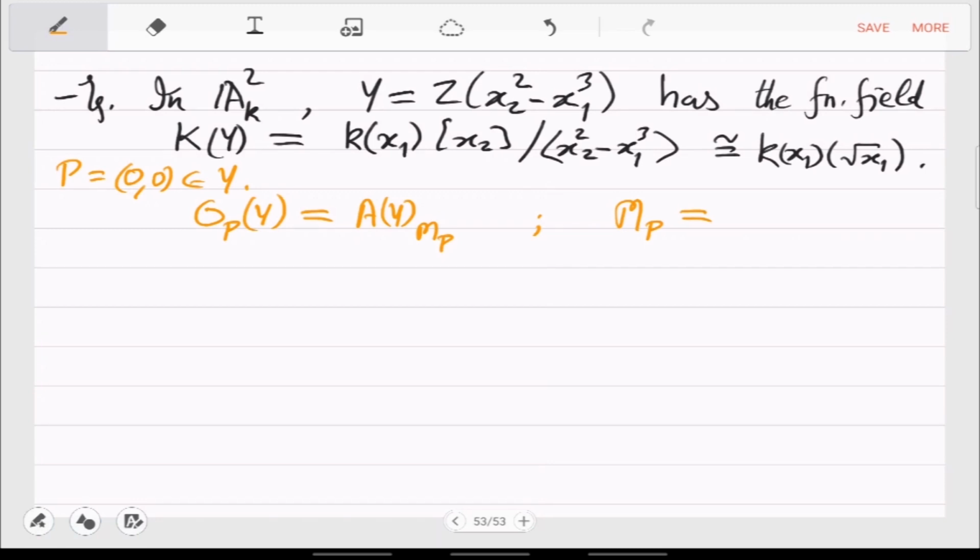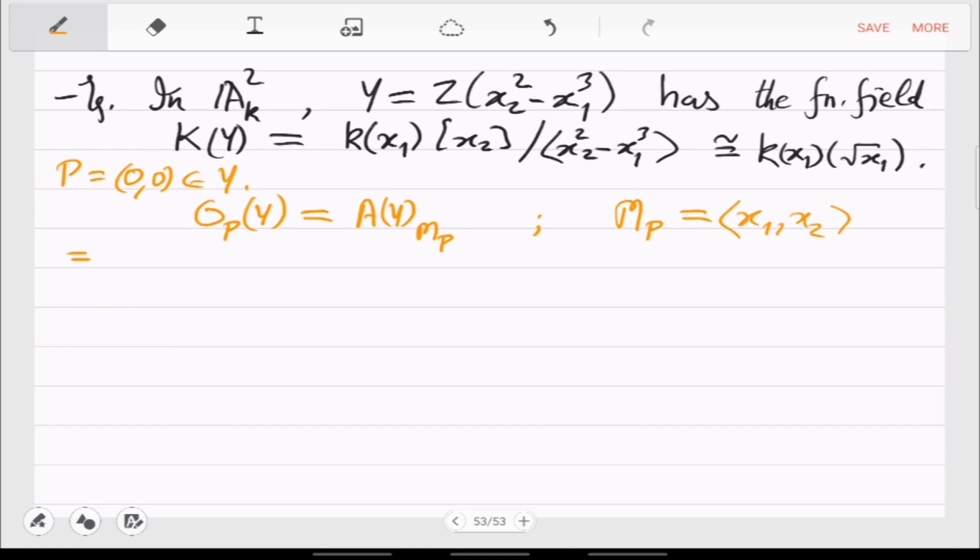So M_P is this ideal x1 comma x2, right? It's the ideal which should be maximal, so it should actually correspond to a point. The point is 0 comma 0. So the ideal can only be x1 comma x2. It sets both the variables to 0, and clearly that is a point on Y. So that's the ideal, and you just have to look at the fractions by the definition.